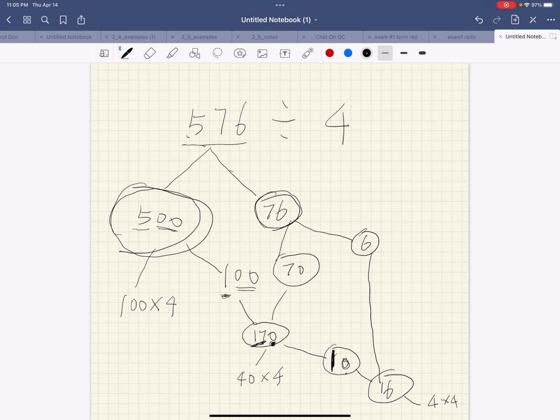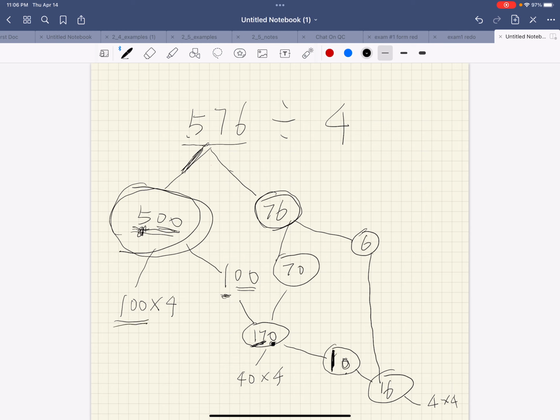There are 3 main steps. The first step is I want to take out as many hundreds as possible from this big number, 500. From 5, I know I can take 4 once, so I can have 100.